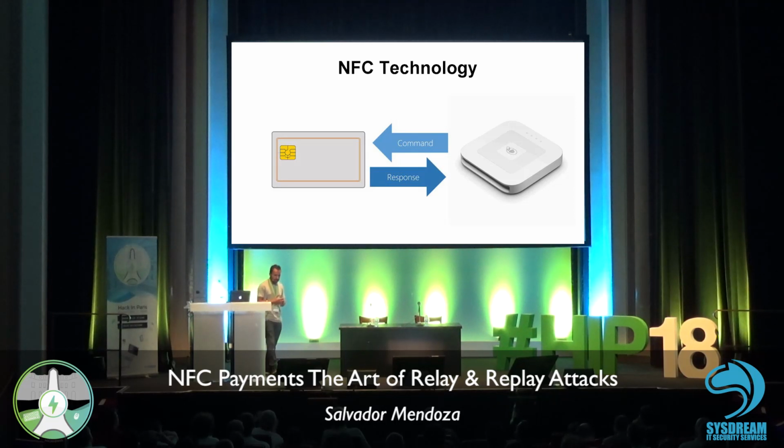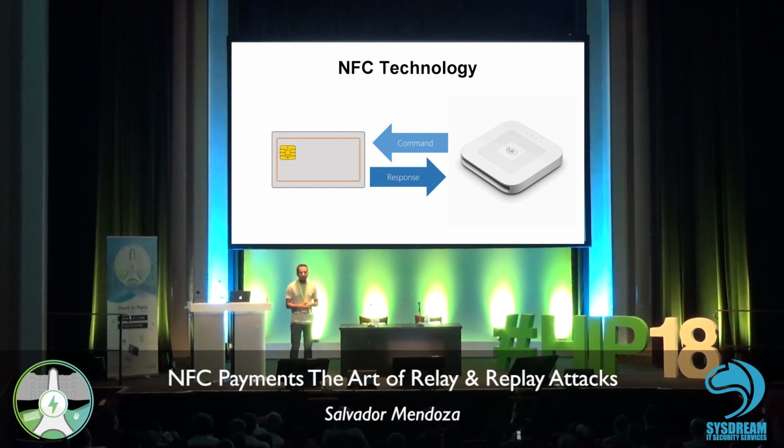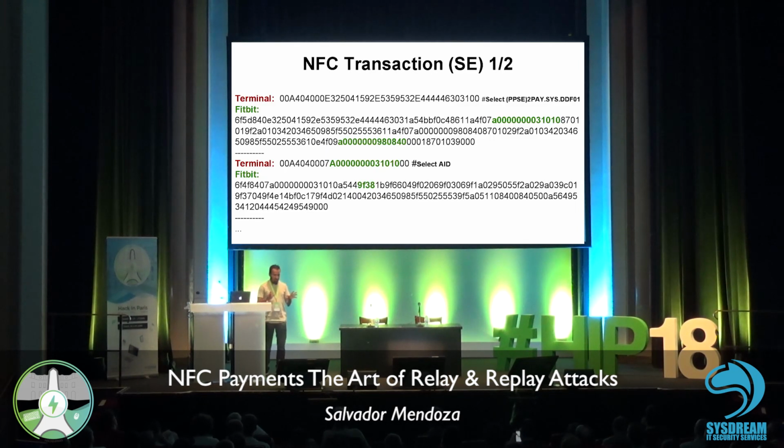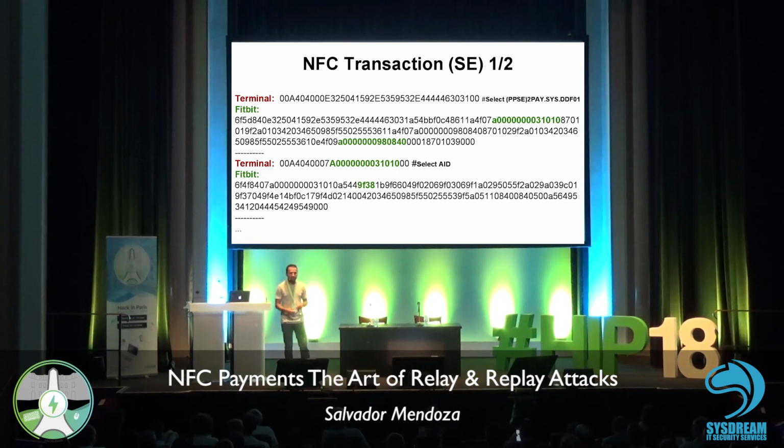Many people are aware of these kinds of transmissions, but they're not really sure how this works. Basically, when you approach an NFC device to the terminal or point of sale system, that's when the terminal makes a handshake with the device and starts the communication to make the transaction. Just to have in mind, it's like a command: when you're in the shell, you send a command and you get a response from the system.